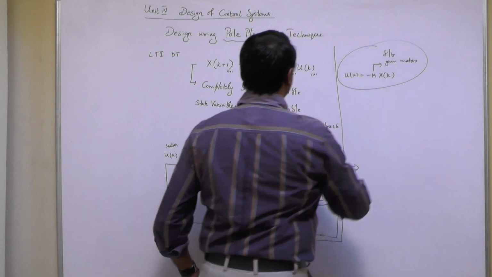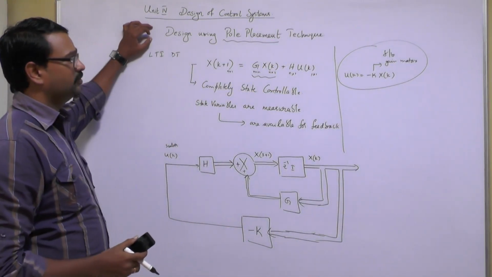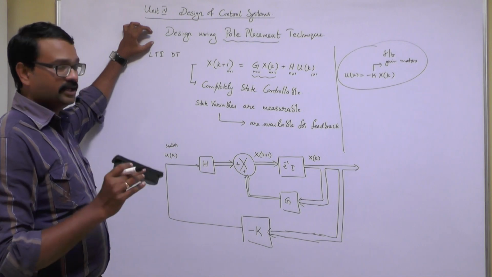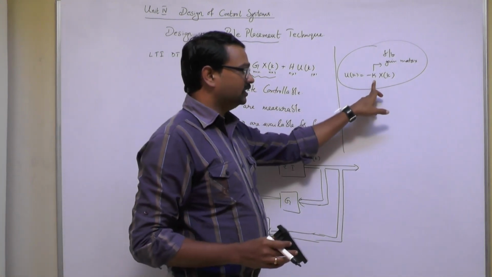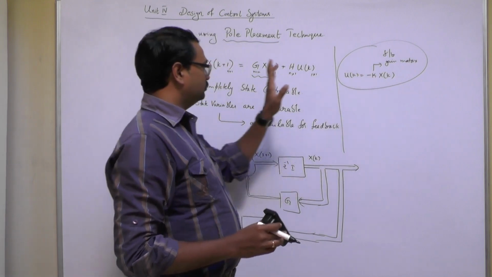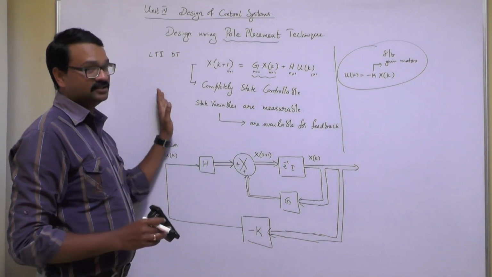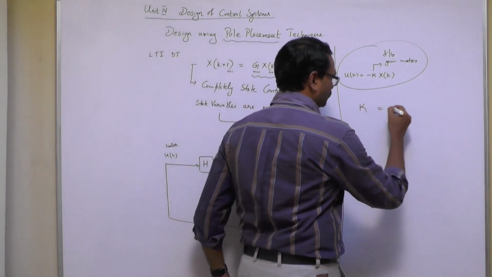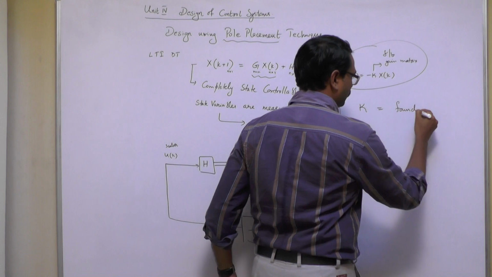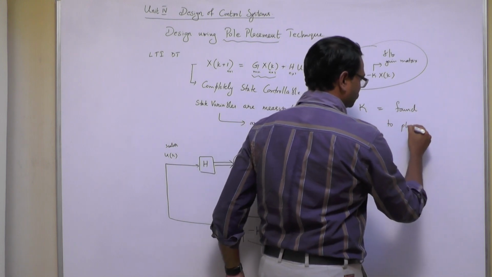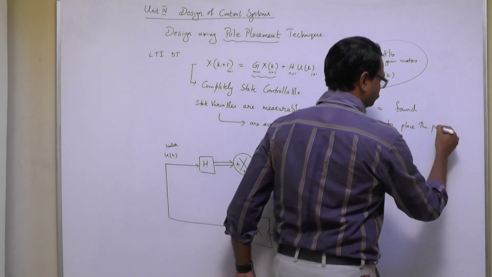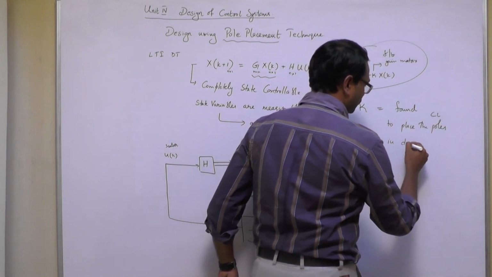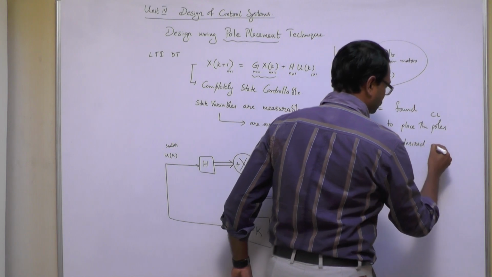In the design using pole placement technique, mathematically what we say is finding out the gain matrix k to place the poles, or closed loop poles, at the desired locations.